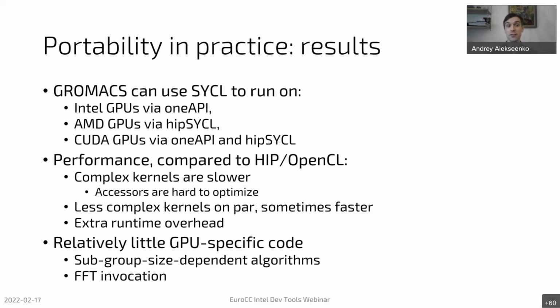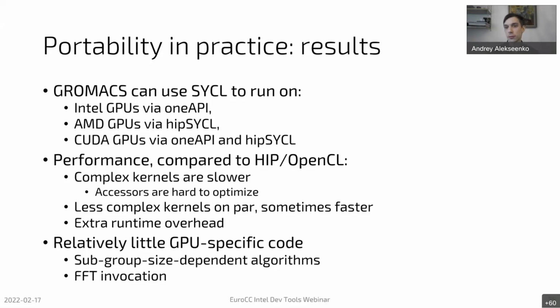And while our complex kernels with SYCL are still slower than the corresponding HIP or OpenCL kernels, they are getting there. And for simple kernels, SYCL performs just as well and sometimes even better than OpenCL. But something to keep in mind is that with HipSYCL we are still seeing some runtime overhead, which again we are working closely with the HipSYCL team to resolve.